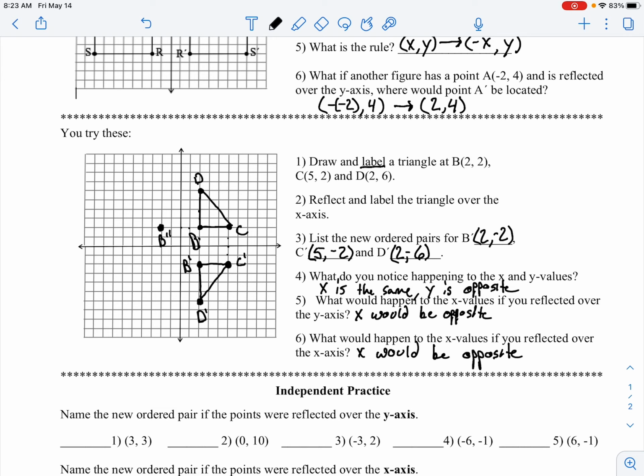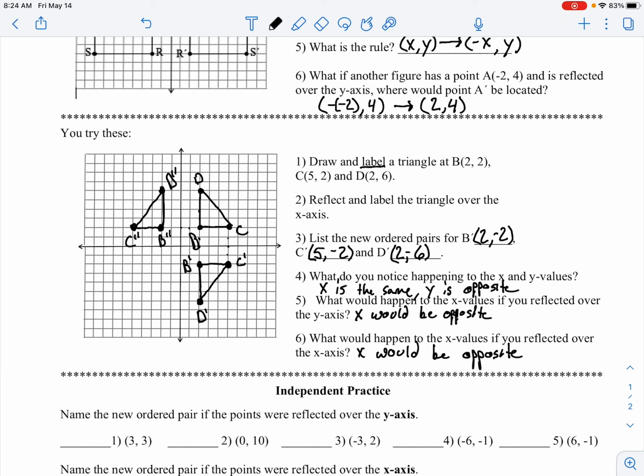C, I have to go 1, 2, 3, 4, 5. So I would go 1, 2, 3, 4, 5. And that would be C double prime. And then D, well, in order to get over the y-axis, I have to move it 1, 2. So I would keep going, 1, 2. And there would be my D double prime.